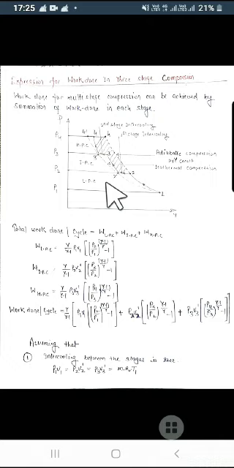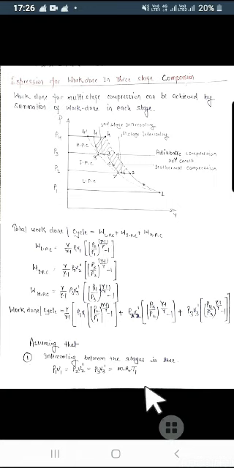That means T2' must be equal to T1. So for perfect intercooling, P1 V1 is equal to mRT1, P2 V2' is equal to mRT2', and T2' must be equal to T1.